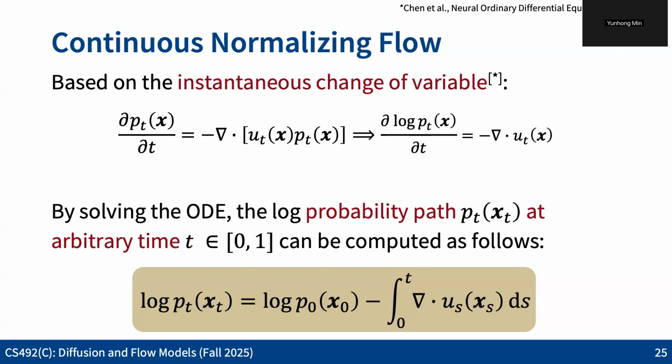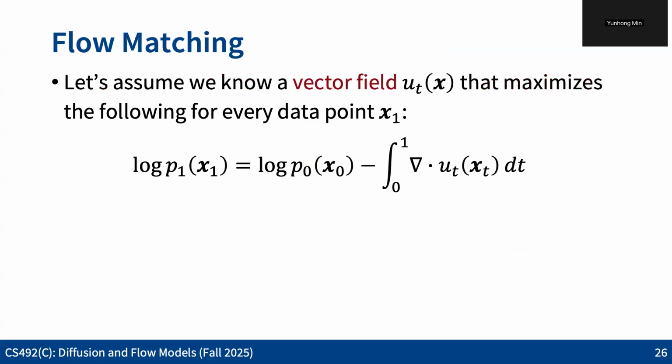So now the vector field can be used to compute how likely each of the data points will be there at the time step t. So that's the key thing here. So basically this means that if we can somehow find a vector field that maximizes the log probability for each of the data samples that we have.